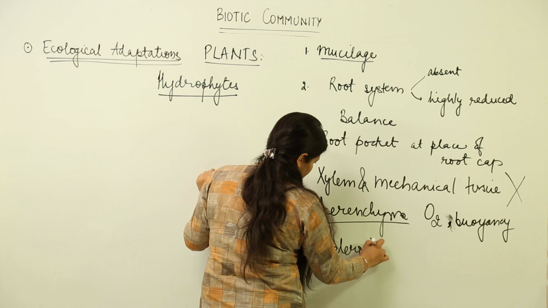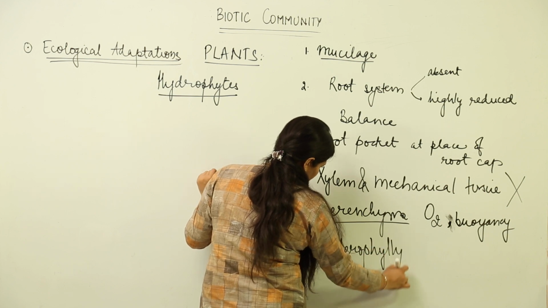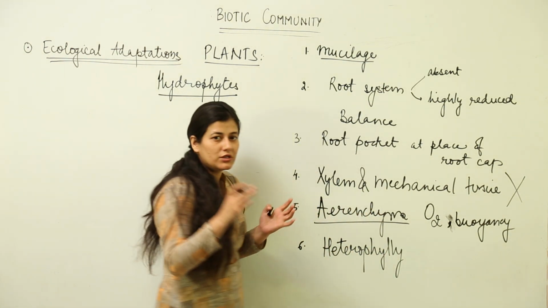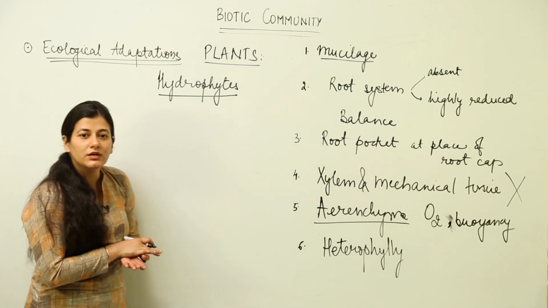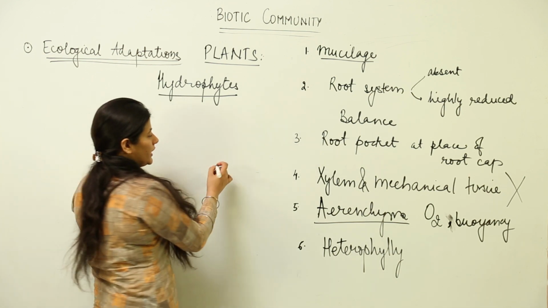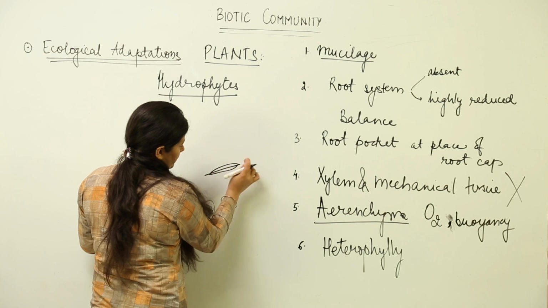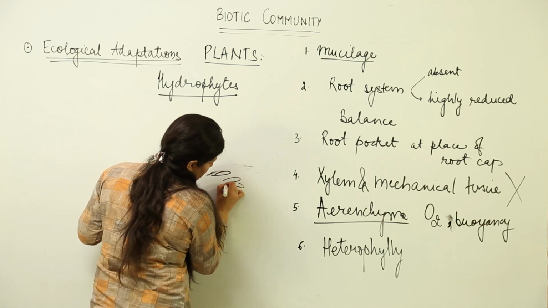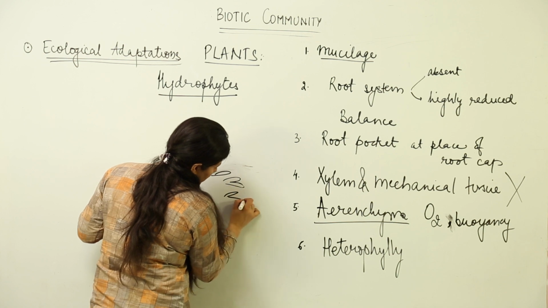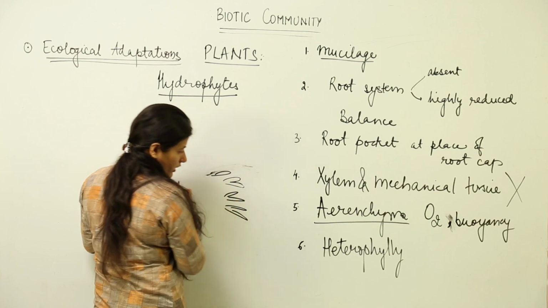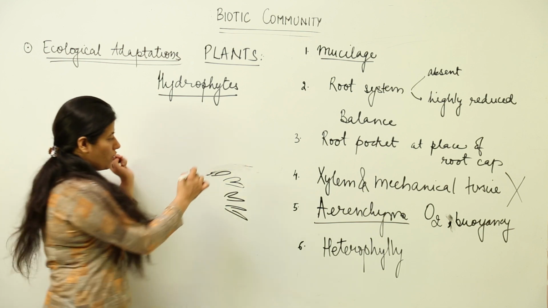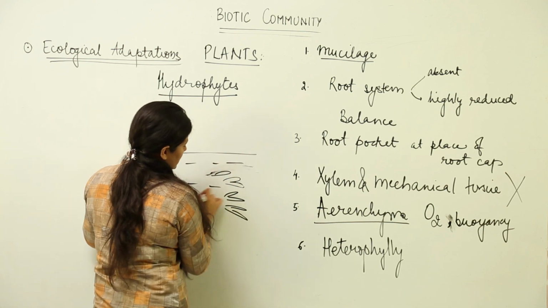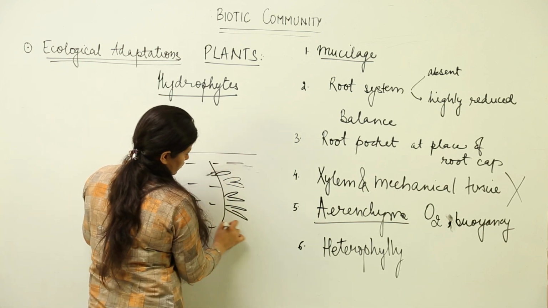So we might find the condition known as heterophyly. You know, the leaves which are present in the water, they are often thin and they are like this. Thin leaves, and they could have an arrangement like this, thin and pointed. That would be in the case of those leaves which are submerged. Such would be the arrangement of leaves.